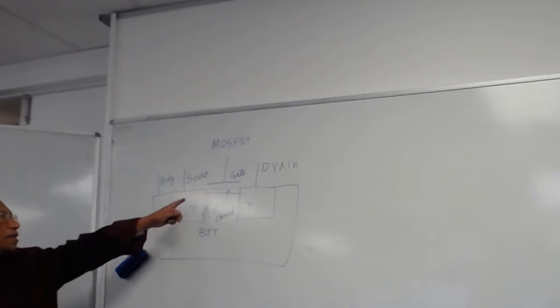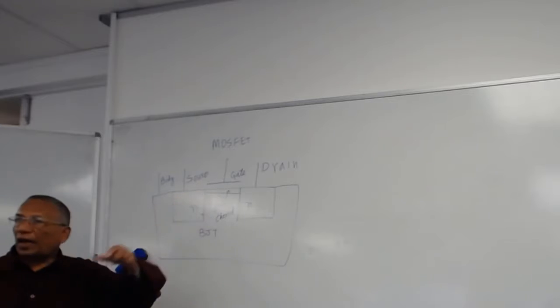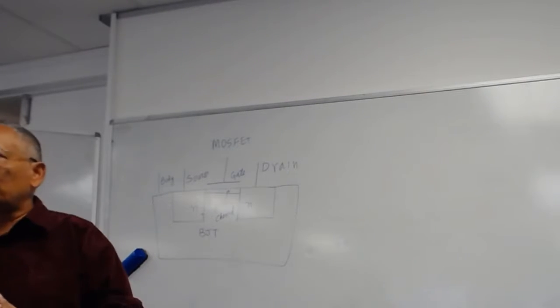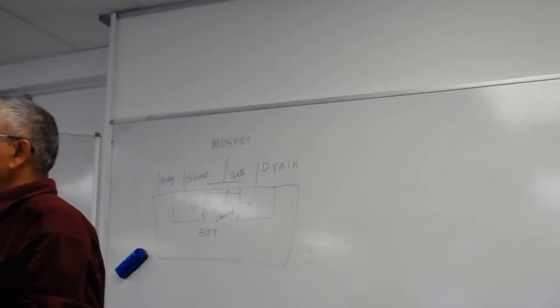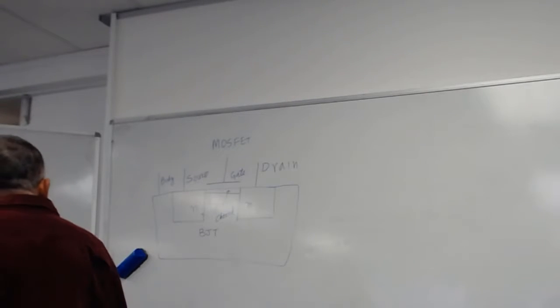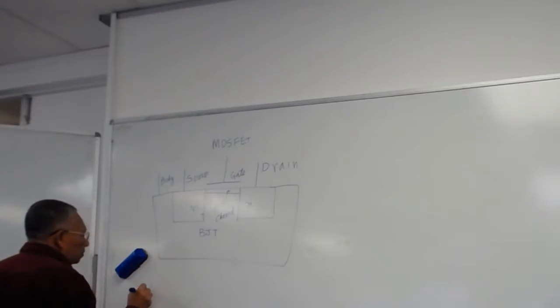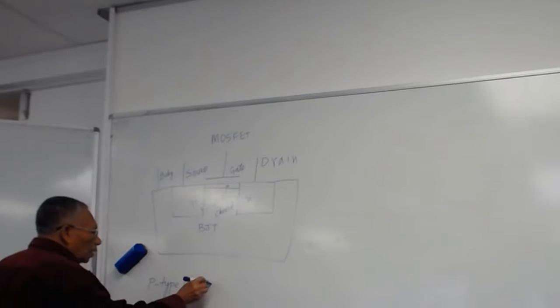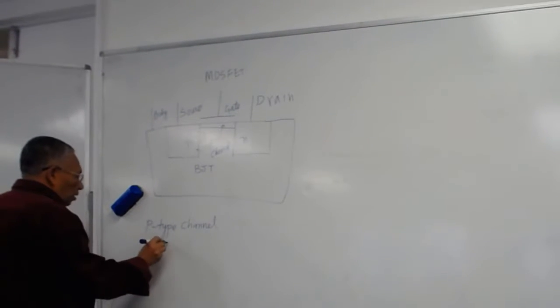So in this case, this channel can consist of holes, or the channel can consist of electrons. So it can be a p-type channel, or an n-type channel.